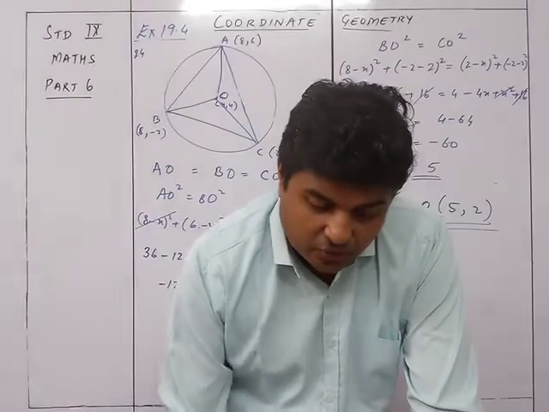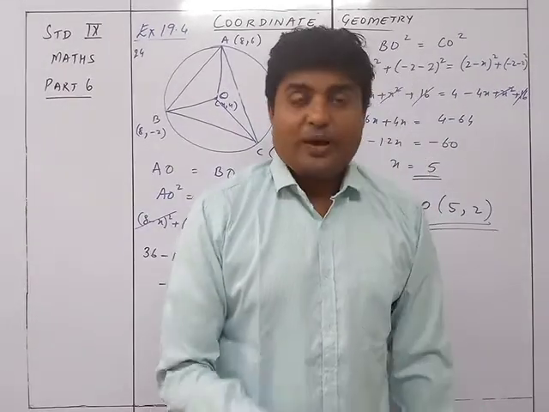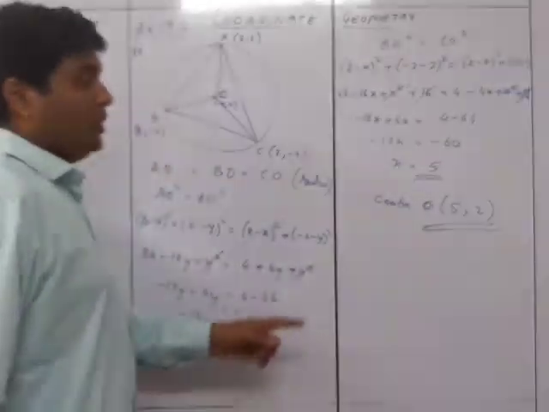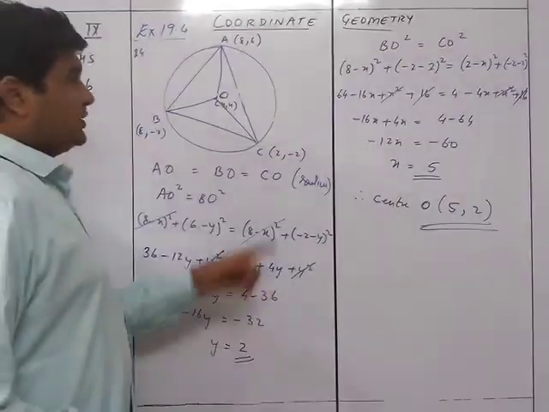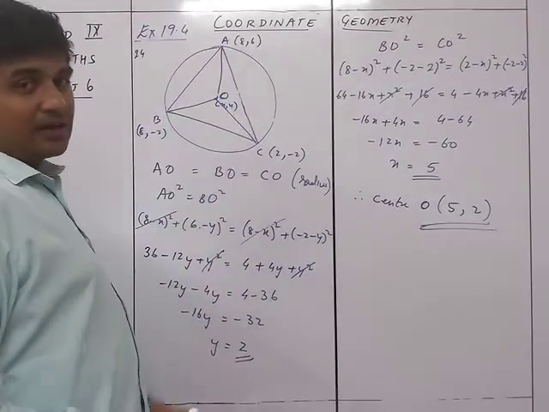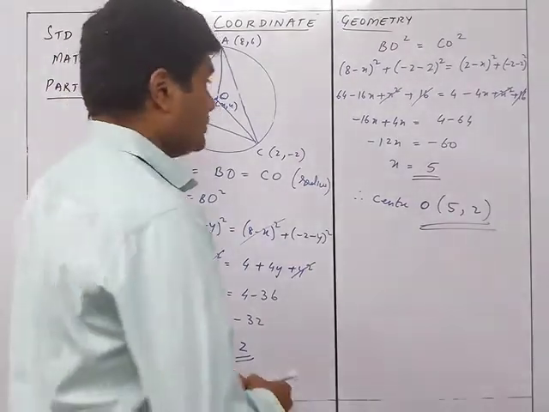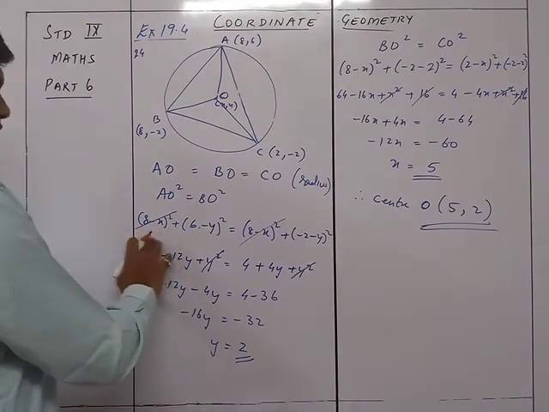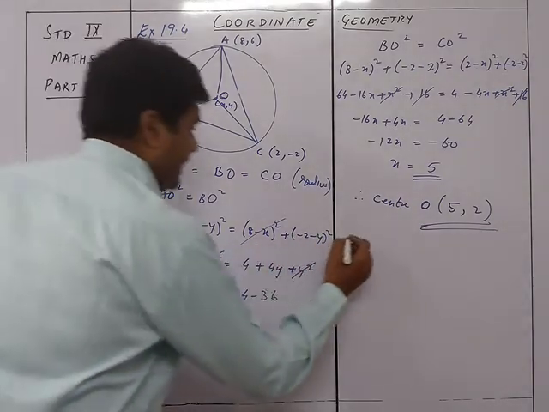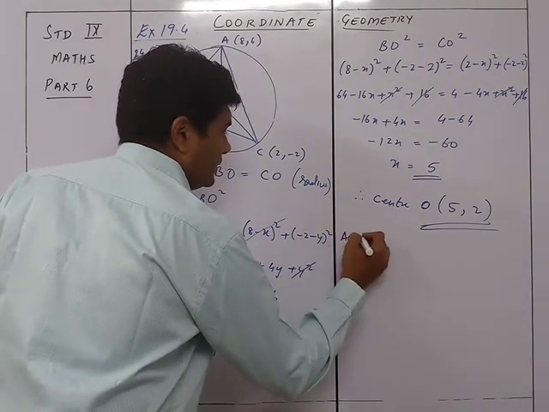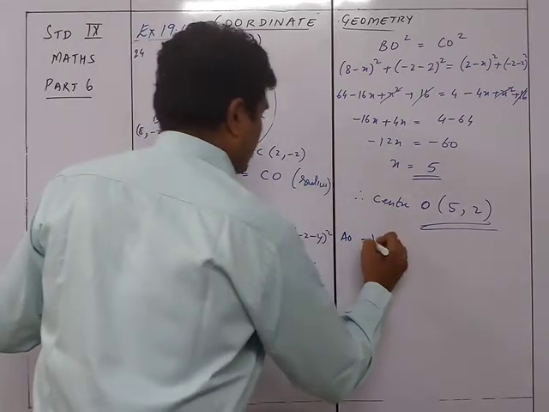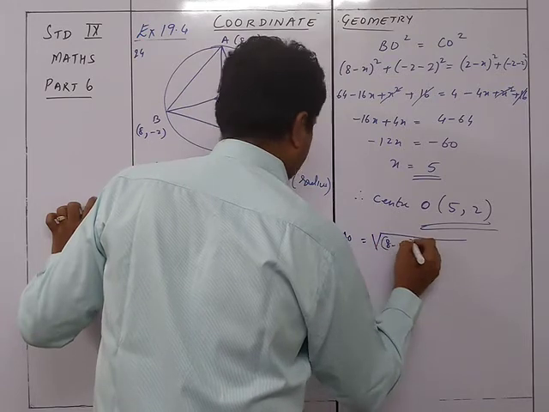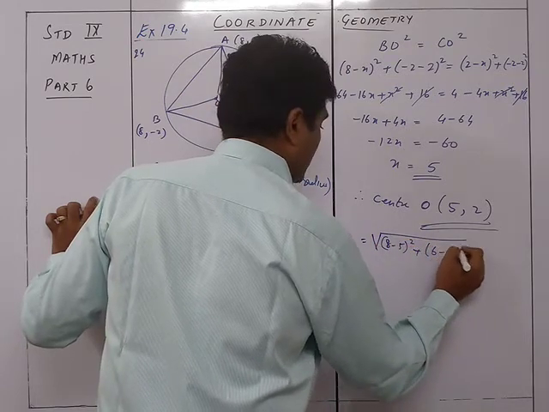One more thing over here, they have asked us to find the circumcenter, so now we need to find the circumradius. For the circumradius, you can take any of the points, so we can just take these points. AO equals square root of 8 minus 5 the whole square plus 6 minus 2 the whole square.